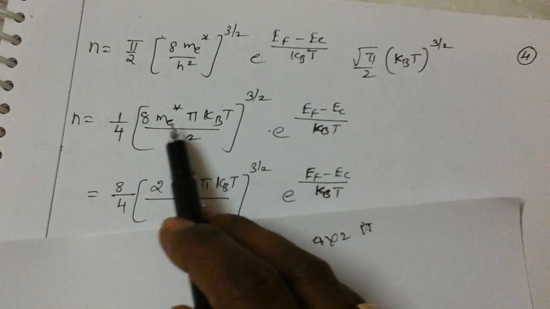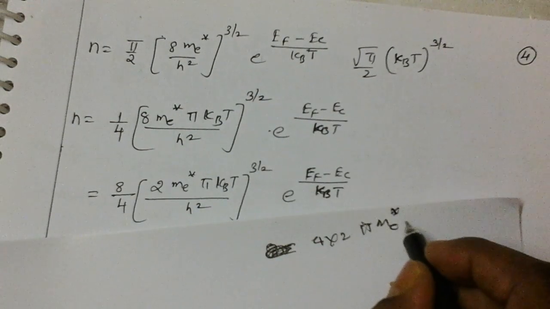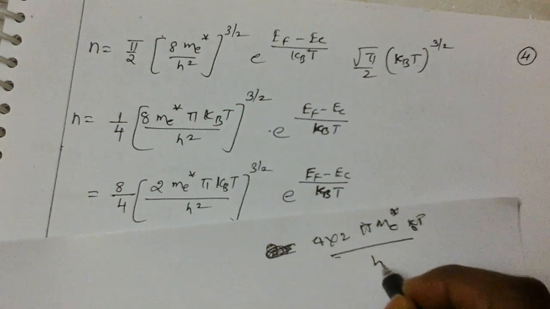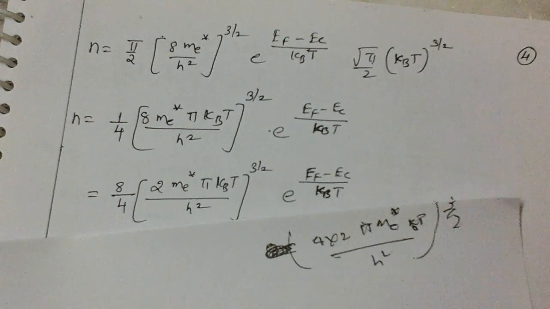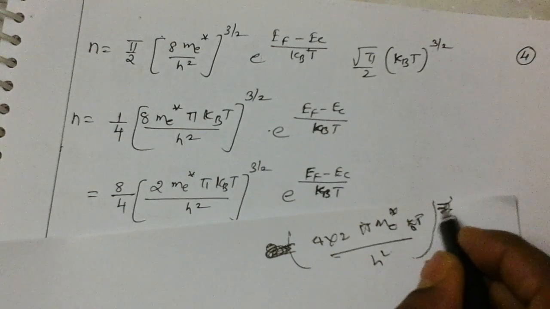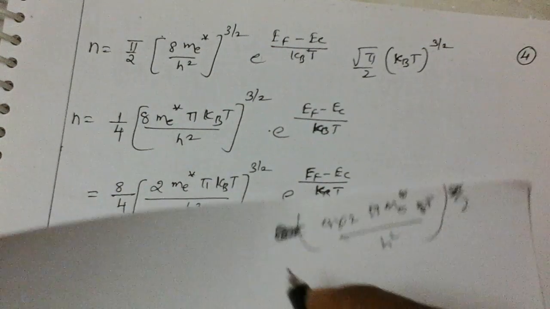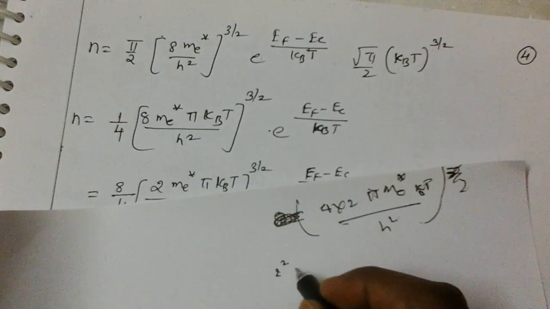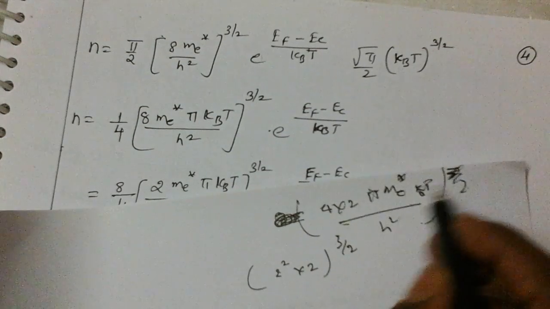This value I am writing: pi, me star, kBt, pi h square, whole power 3 by 2. Here this I can write like this: 4 means 2 square, into 2, whole power 3 by 2 is there.